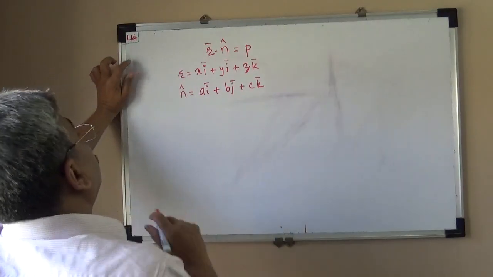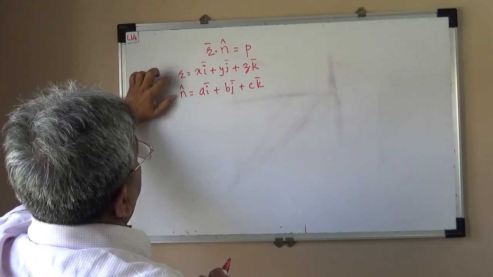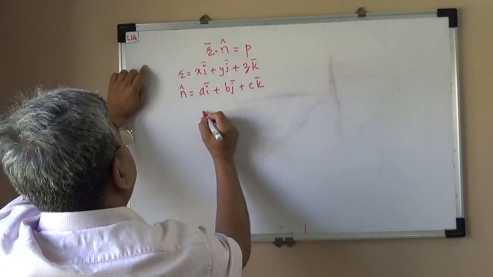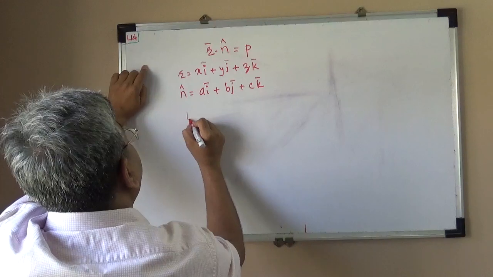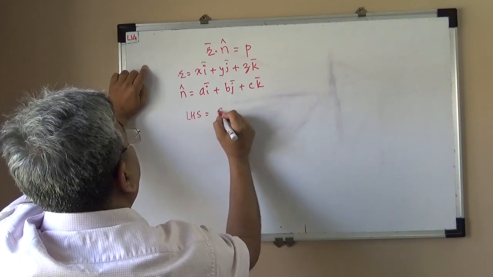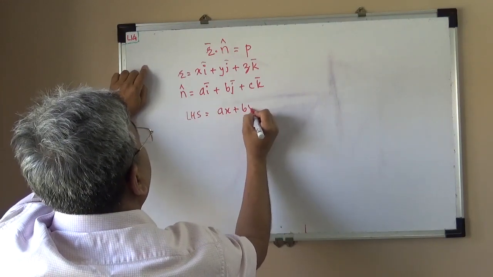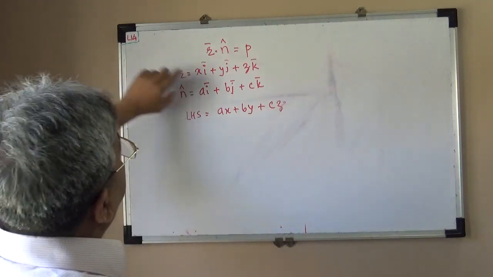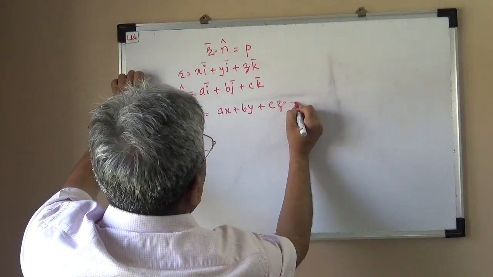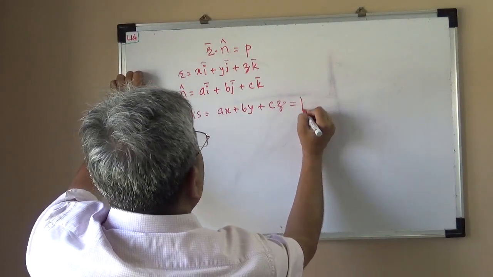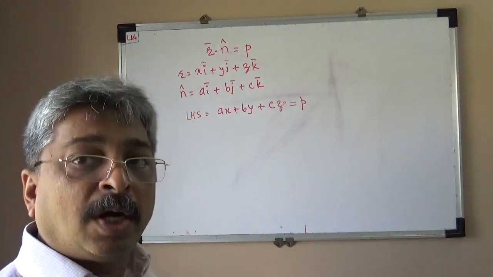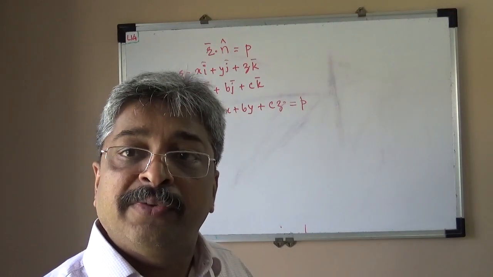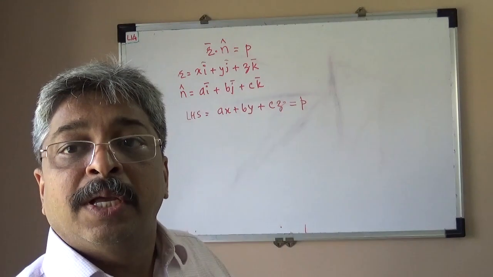So now if I take r dot n, the LHS is equal to ax plus by plus cz, which is equal to p, the distance from origin. So this is the Cartesian equation of a plane, which is a degree 1 equation in 3 variables x, y, z.